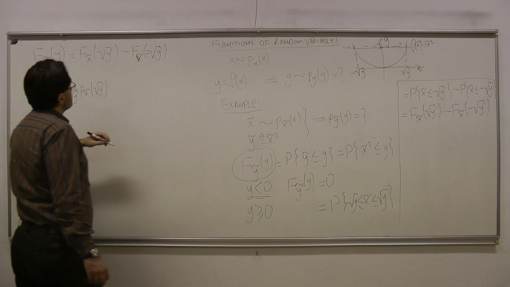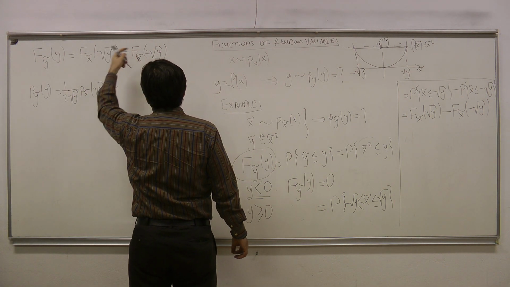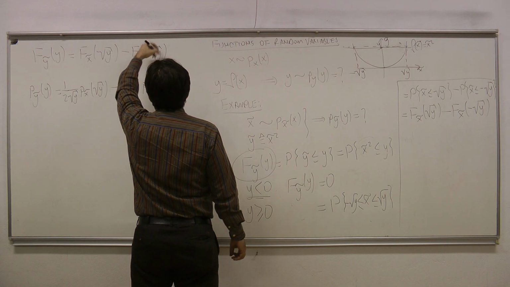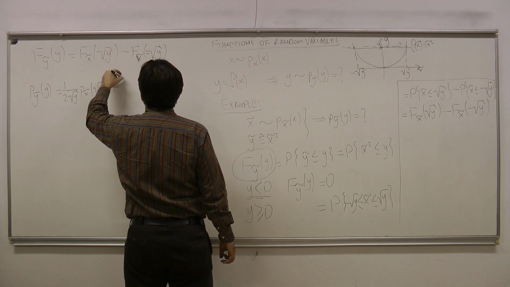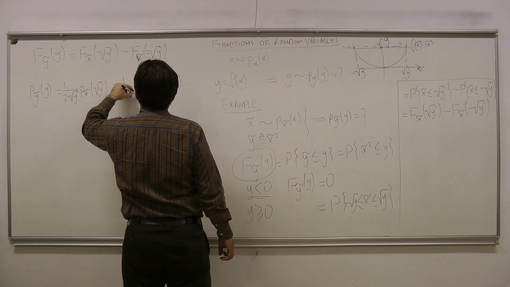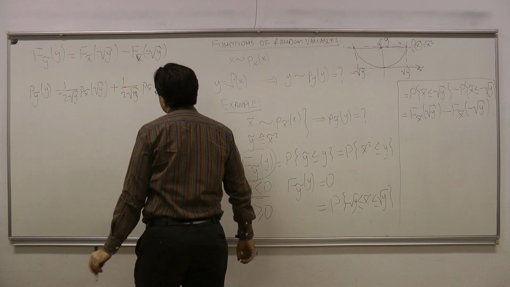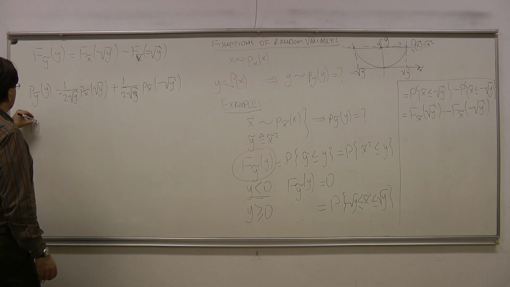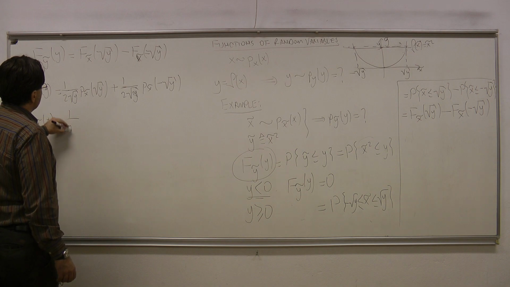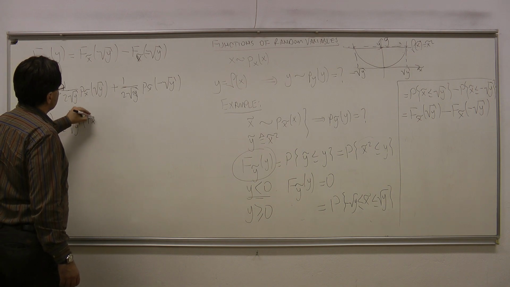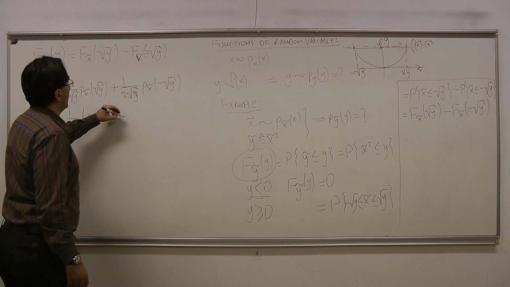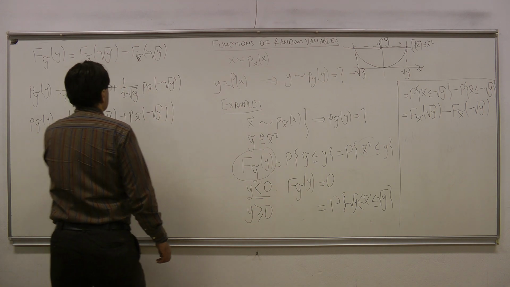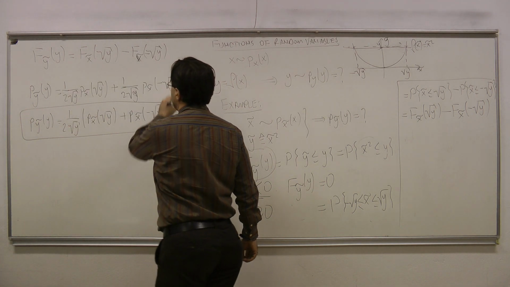And minus, the derivative of this thing is again p of x tilde at minus square root y, and the derivative of the inside is going to make this plus 1 over 2 square root y. So if I take some parentheses here, p of y tilde of y is equal to 1 over 2 square root y times p of x tilde at square root y plus p of x tilde at minus square root y. So this is our final result.